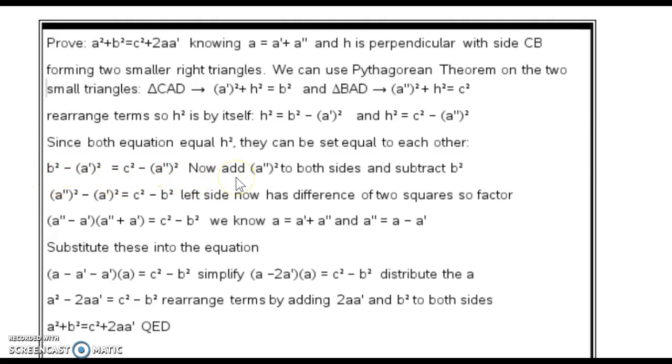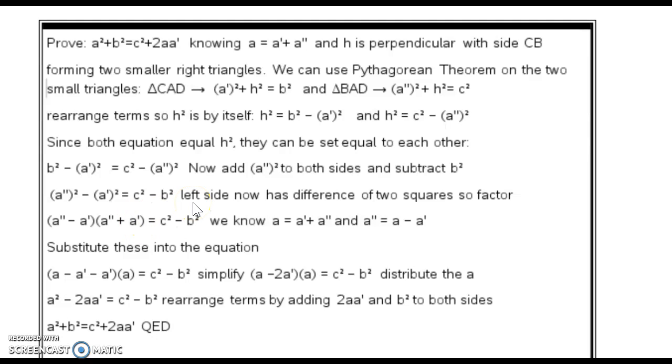And so we are proceeding to add and group like terms. So we added A double prime squared to both sides and subtracted B squared from both sides. So then we get both the A prime and the A double prime on one side of the equation, and C squared minus B squared on the right side.